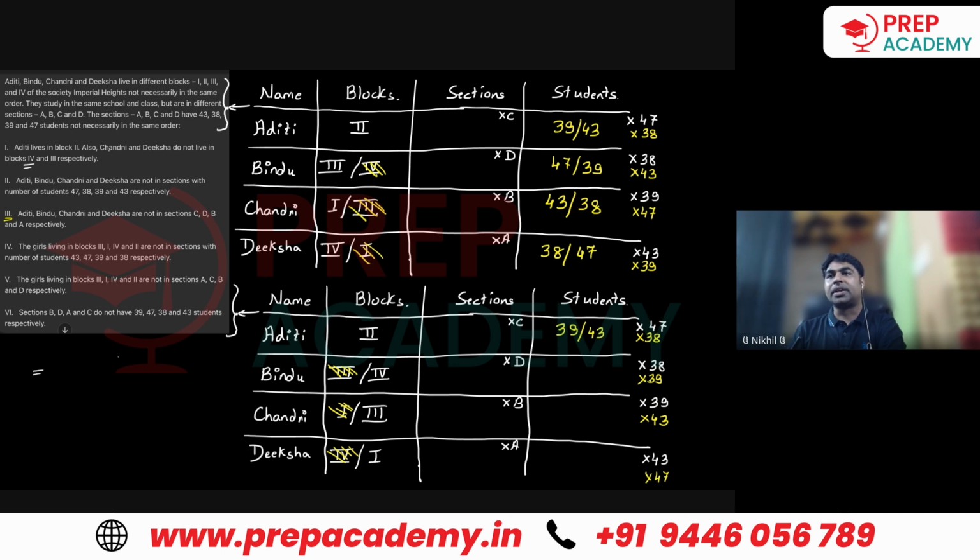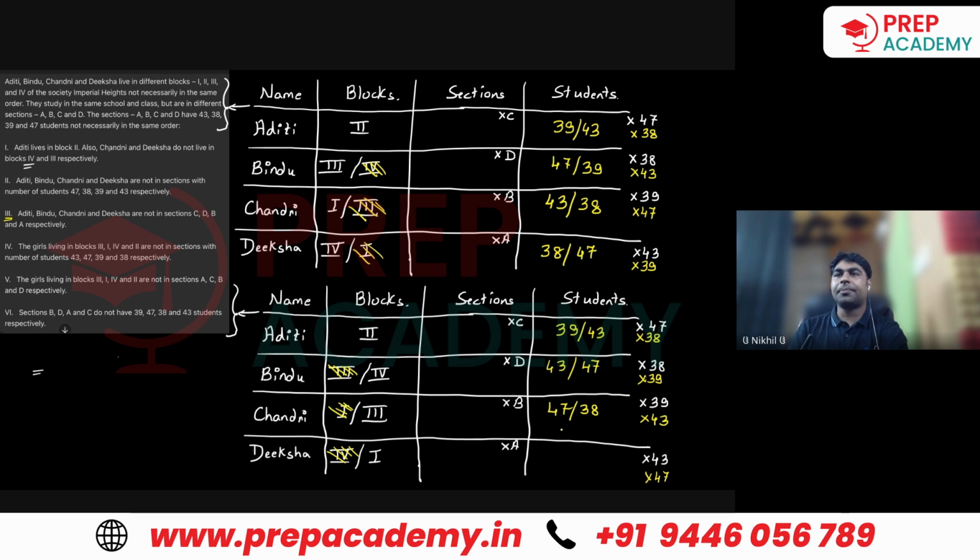Here 38 and 39 were not possible, so 43 and 47 are possible. 43 cannot go behind, so write 43 here and 47 here, so that the cases are unique. Similarly, 39 and 43 are not possible, so 38 and 47. Now, 47 cannot come here, so I'll have to write 47 ahead, and behind I will write 38.